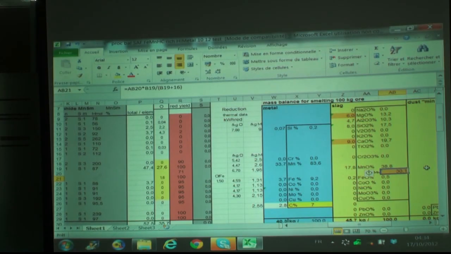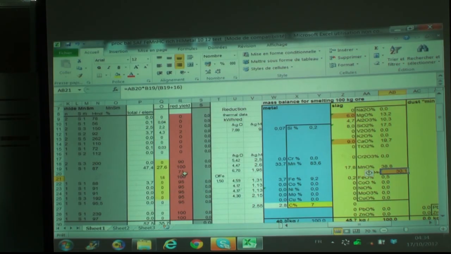And okay, for the other elements, we don't present the percentage of the element except for manganese, because in case of manganese we have a target of 30% manganese in the slag, not 30% MnO.